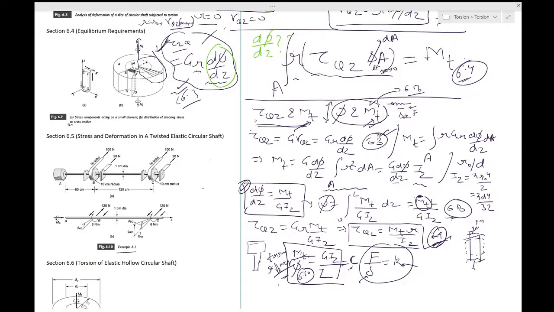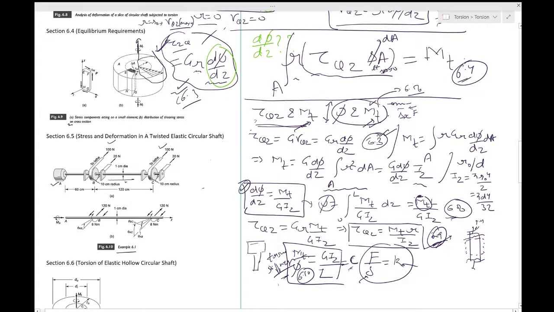You have two small lathes which are driven by the same motor through a 1 centimeter diameter steel shaft. This is going to one lathe, this is going to the second lathe. This is the motor which is driving them, and there is a steel shaft of 1 centimeter diameter.